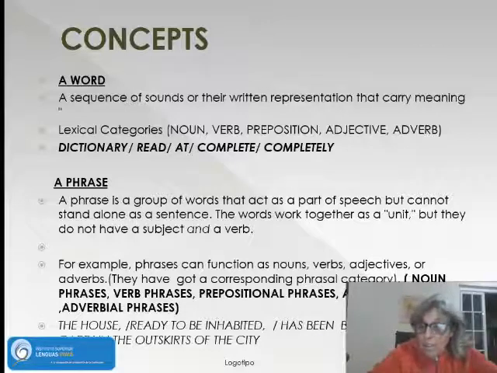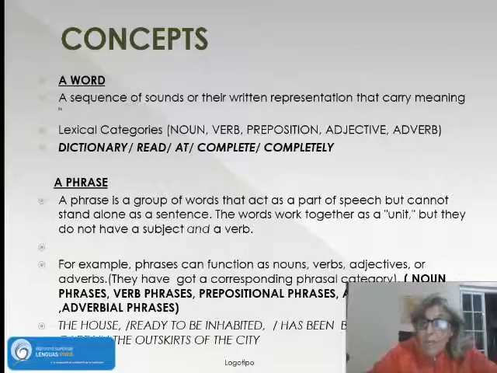A word is the union of sound, its written representation, and meaning. And there are lexical categories: nouns, verbs, prepositions, adjectives, adverbs. And here you have some examples.